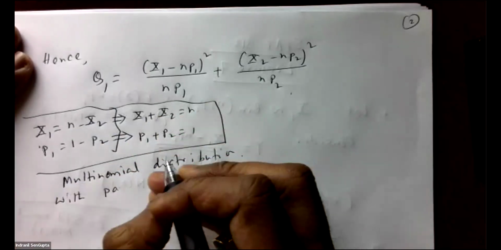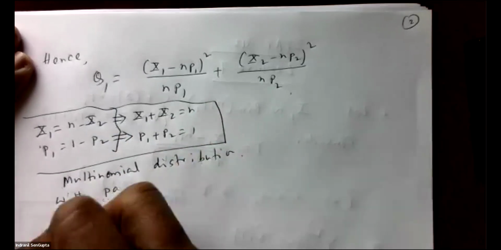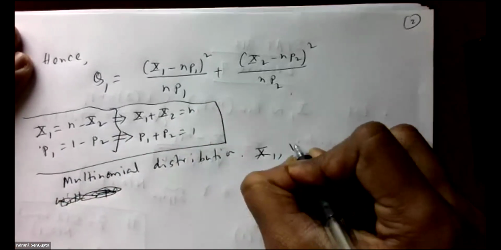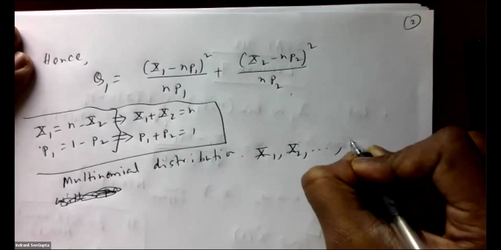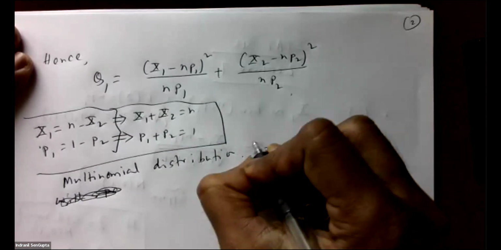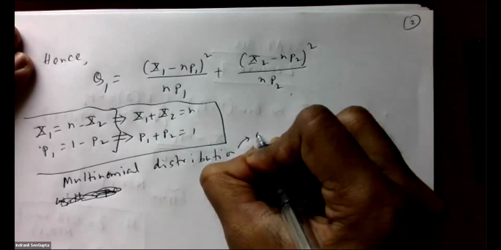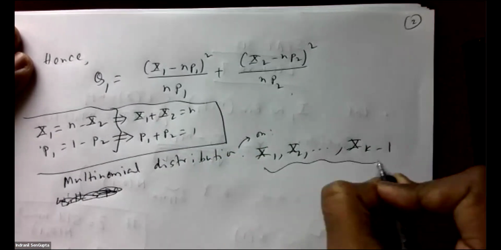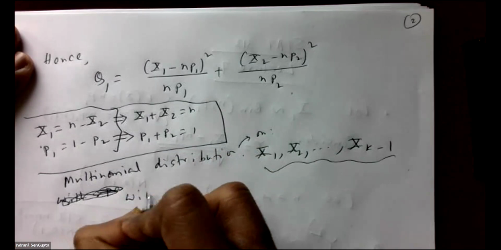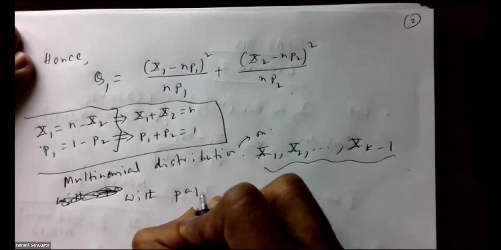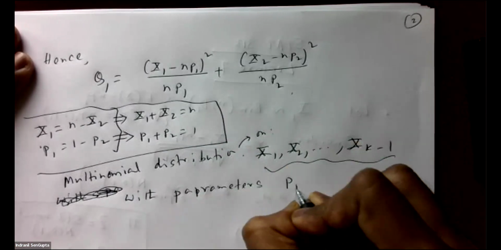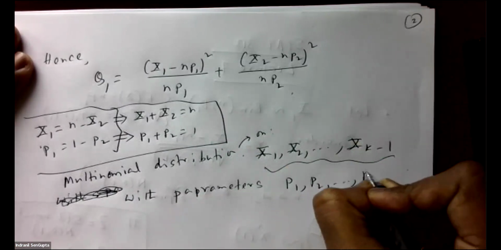If we now have X1, X2, up to Xk minus 1, let me write it this way: a multinomial distribution on X1, X2, up to Xk minus 1 with parameters p1, p2, up to pk minus 1.